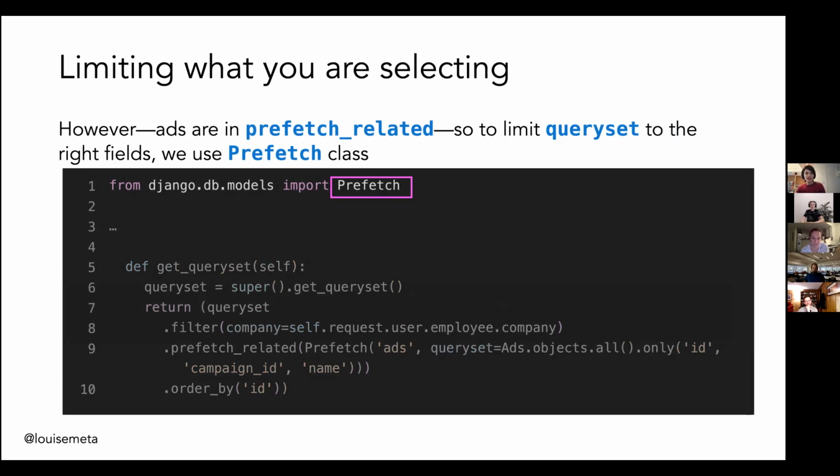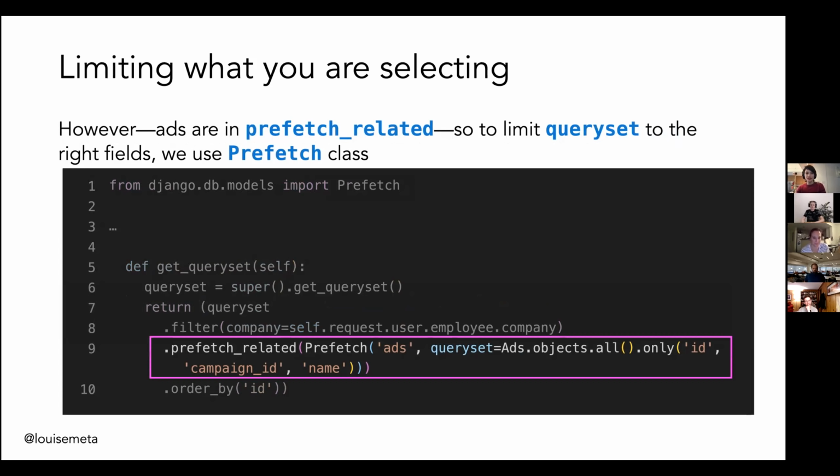So what you do is import Prefetch from django.db.models. And then instead of having the normal prefetch related with just ads, you're going to add Prefetch and then give the queryset being Ads.objects.all, and then only ID, campaign, and name, which are the columns that you want.